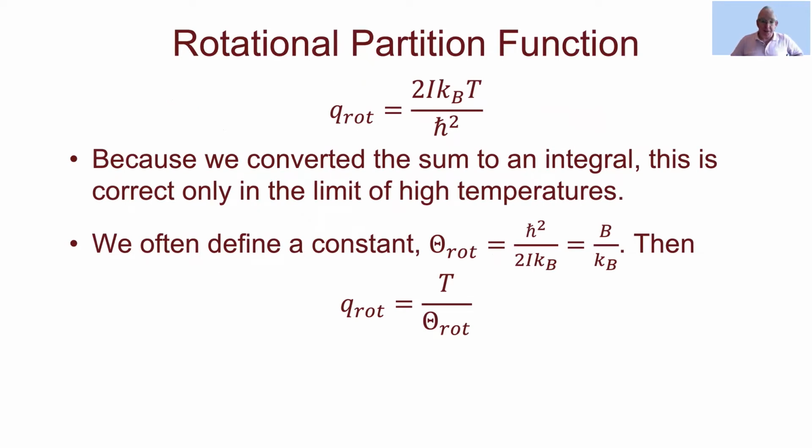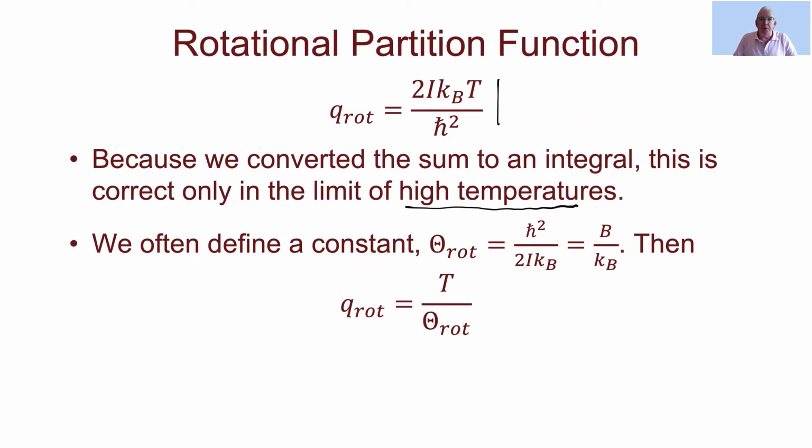So this is the equation we just had up here, right? Because we converted the summation to an integral, and we did make that assumption that lots of states were going to be populated, this expression we can think about as a high temperature limit, okay? Because as the temperature goes up, I'm going to populate more and more states, and kT is obviously going to go up as I raise the temperature.